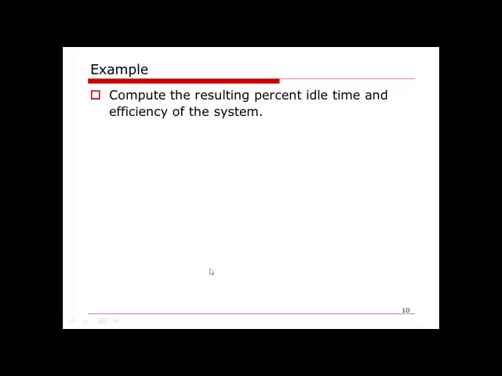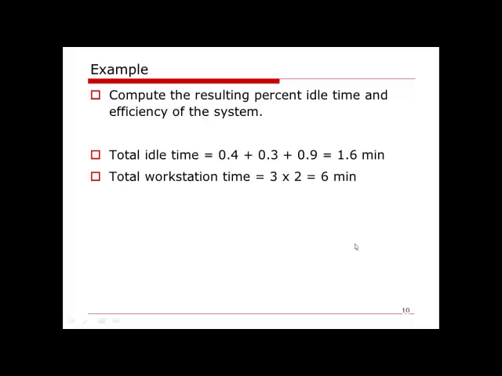Next, we want to compute the resulting percent idle time and the efficiency of the system. So the total idle time can be calculated from the previous assignment table, because for each workstation we already calculated the idle time. There are 3 of them.